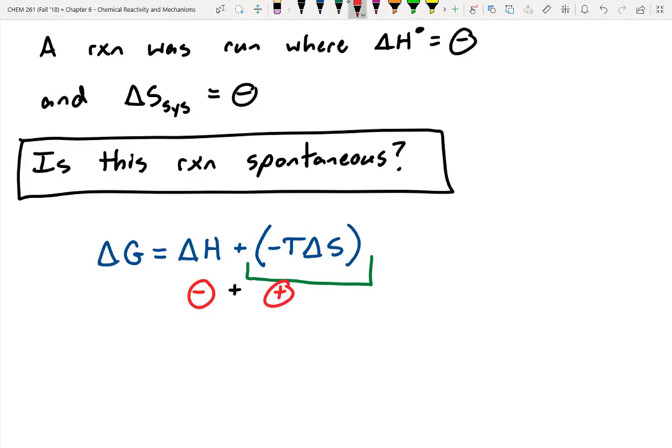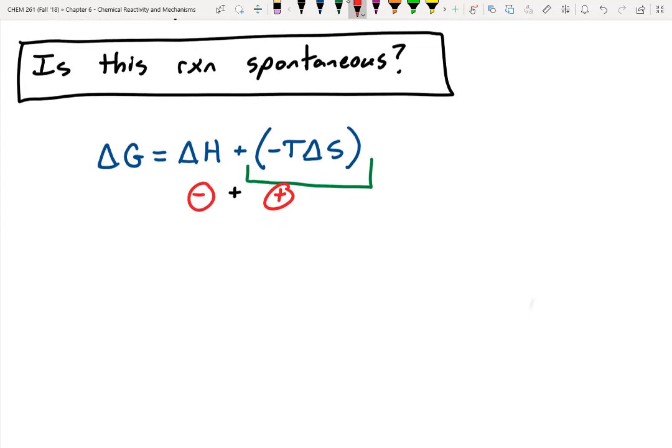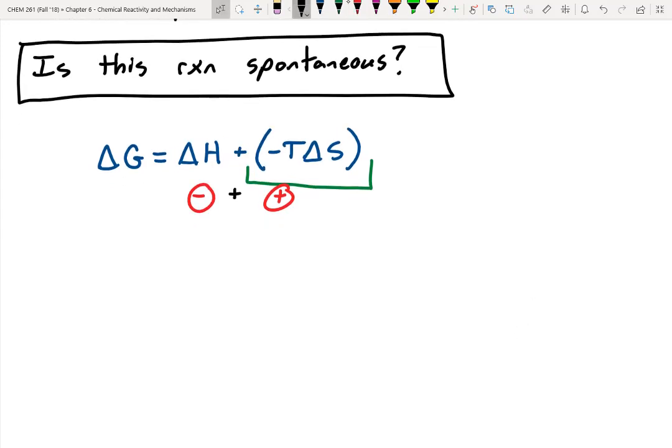All right, so delta G, is it going to be negative or positive? You don't know, right? It's kind of a weird example. So what do we need to know more about? Temperature, absolutely. So let's explain that. If the temp is low, then delta G is going to be what?